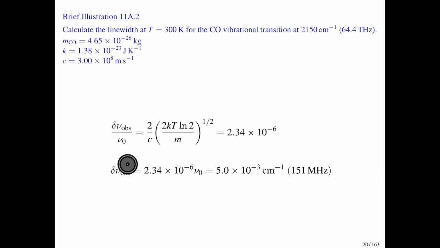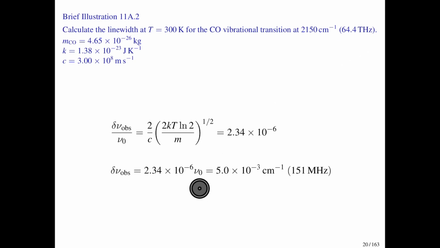To get the actual line width for the peak that we're interested in, you then multiply this number, which is unitless, by the frequency of interest, wave number in this case. And so you would get something like 5 times 10 to the minus 3 reciprocal centimeters. Or if you express that in terms of a regular frequency, it would be 151 megahertz compared to the 64.4 terahertz that we have for nu naught.